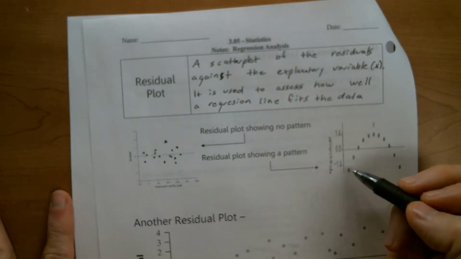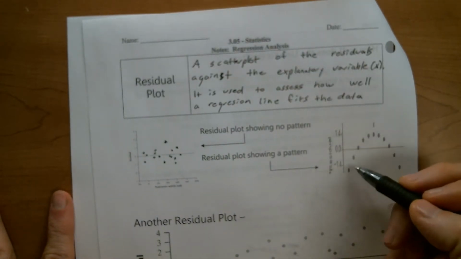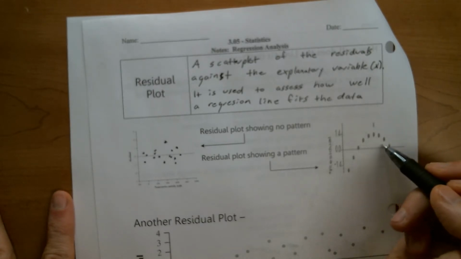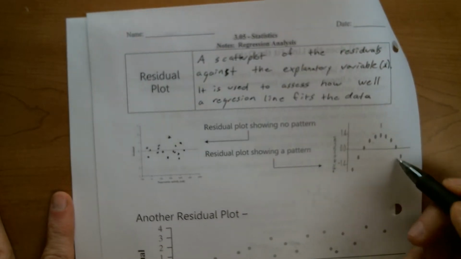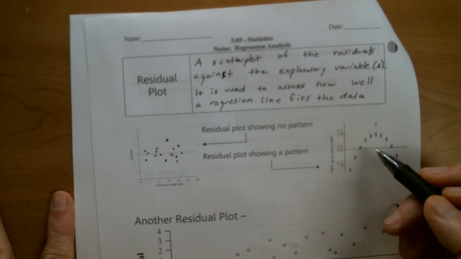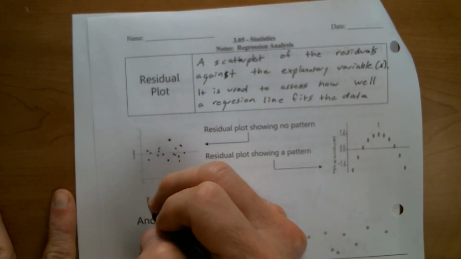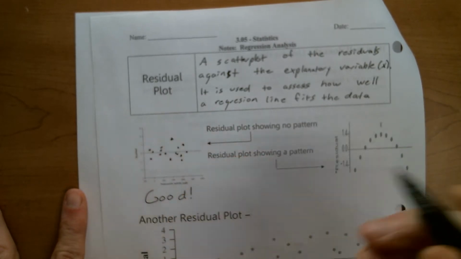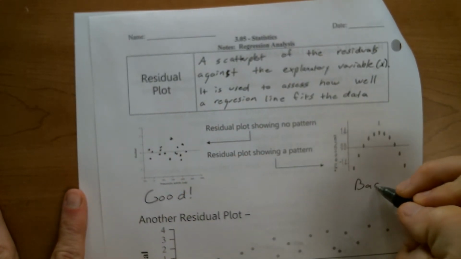All right, in contrast, here's one that's very clear. We've got a whole bunch of negative residuals, then a whole bunch of positive residuals, then a whole bunch of negative residuals. Obviously this is a very obvious case, but the first one is what we want to see. This is good. This is bad.